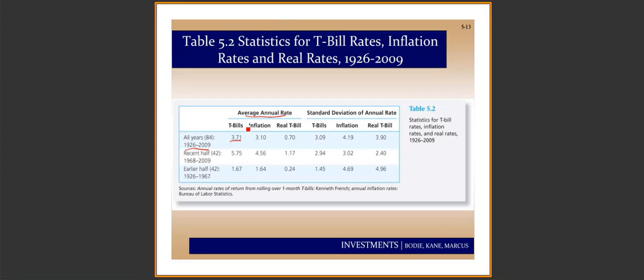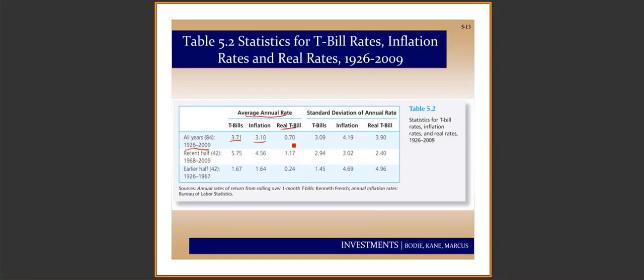Okay. T-bills averaged 3.7 and inflation averaged 3.1, for goodness sakes. Wow. So actually the real rate was certainly, you didn't really earn 3.71% on a real basis, did you? If 3% approximately was inflation. In fact, we see the real rate on T-bills on average during that time period.